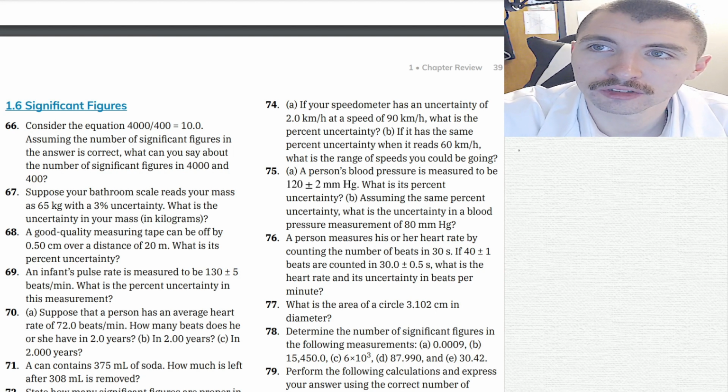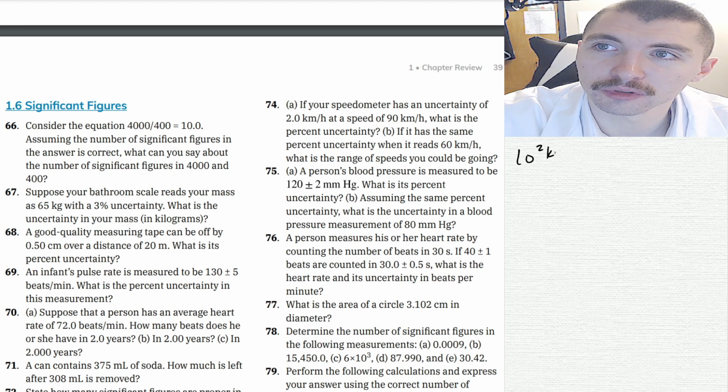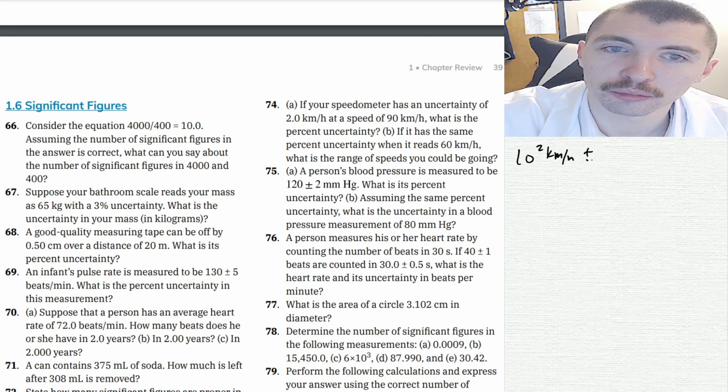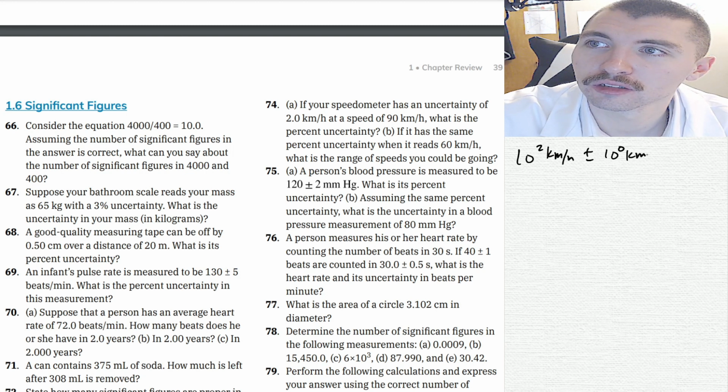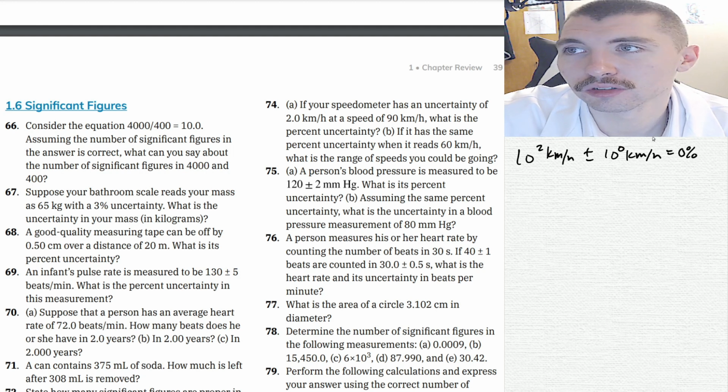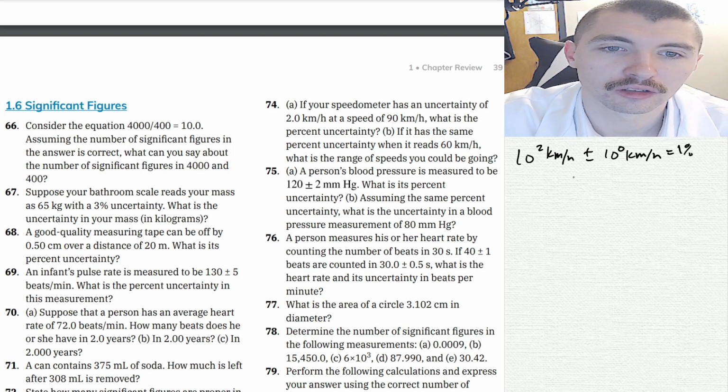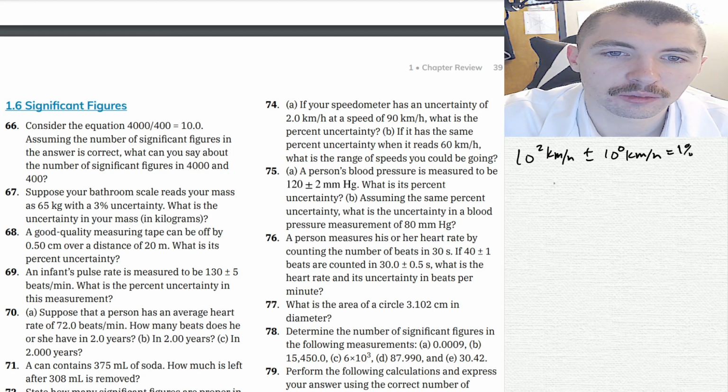Okay, so we're going 10 to the 2 kilometers an hour plus or minus 10 to the 0. So our percent uncertainty is about 0%, or we can probably say 1%. If the same uncertainty applies at 60 kilometers per hour, that's about the same.